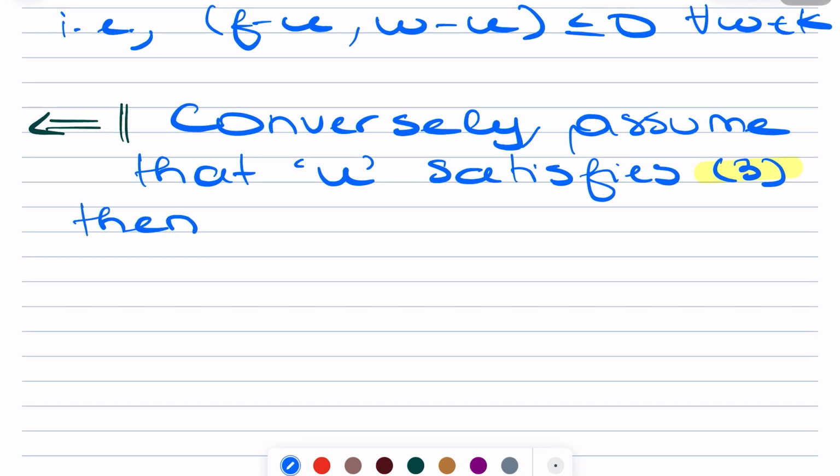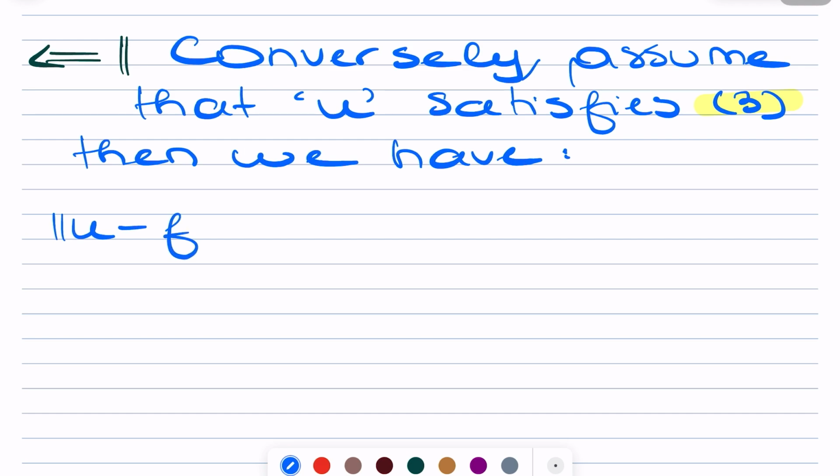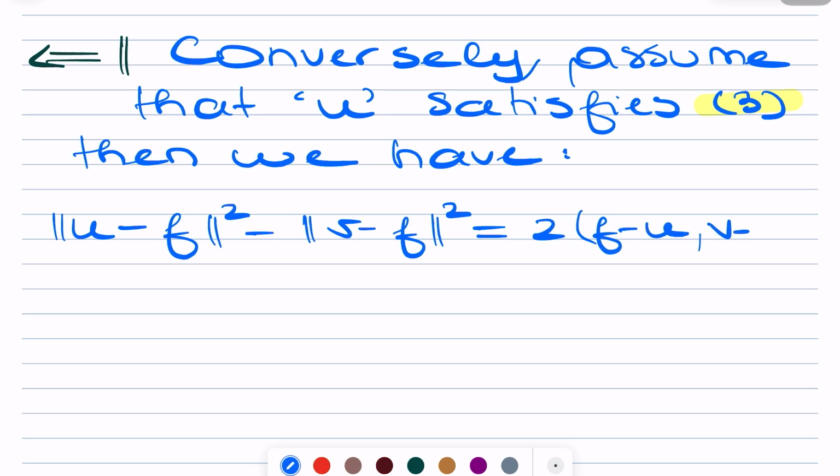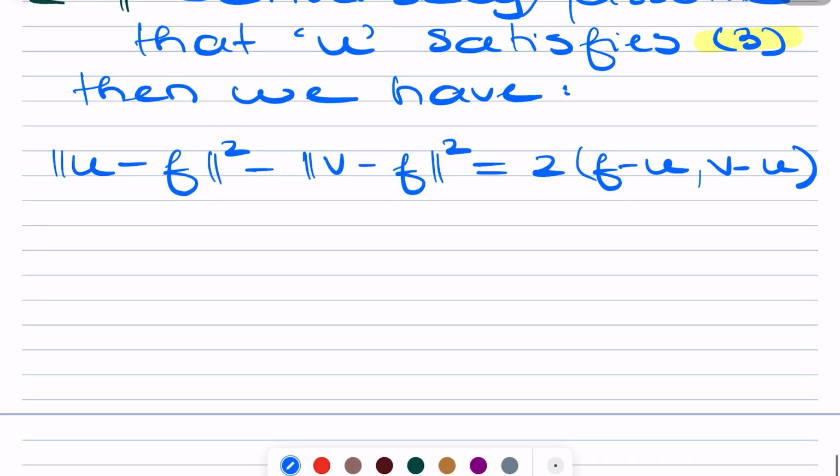Then we have the norm of u minus f squared, minus the norm of v minus f squared, right? This is equal to 2 times the scalar product of f minus u and v minus u, minus the norm of u minus v squared, right? I mean, you can actually check this easily. There's no black magic here.